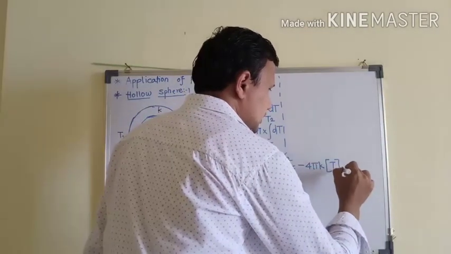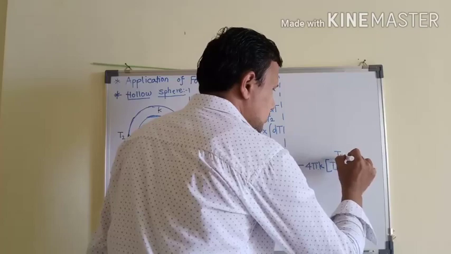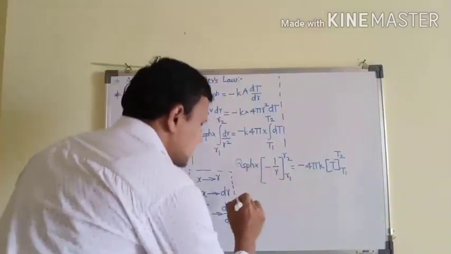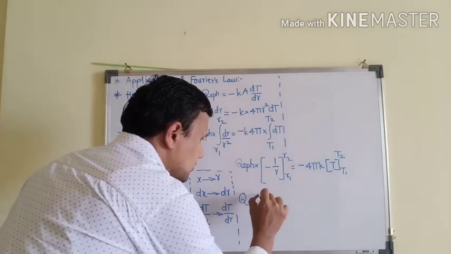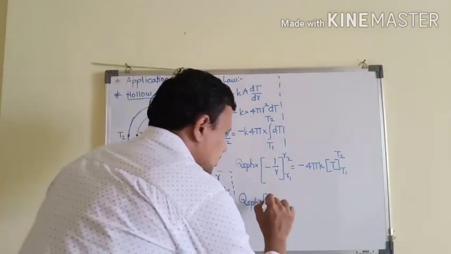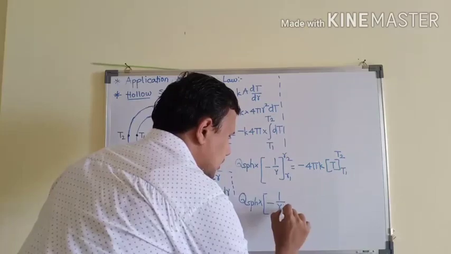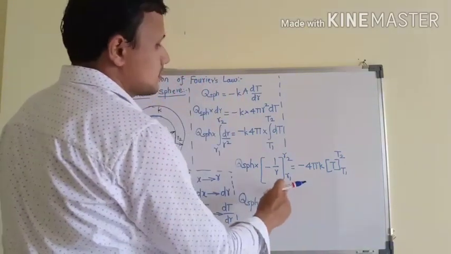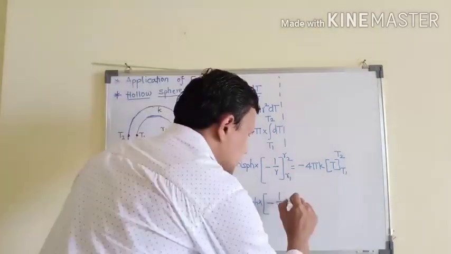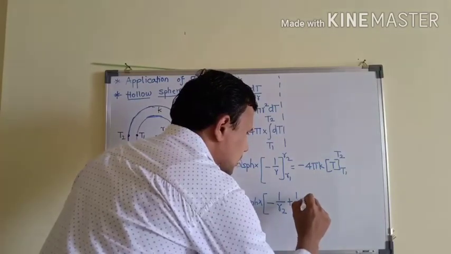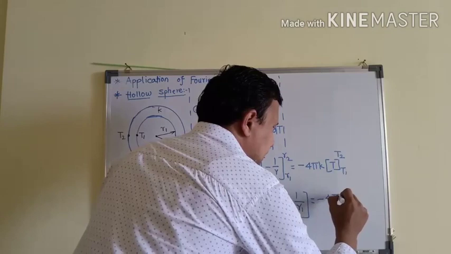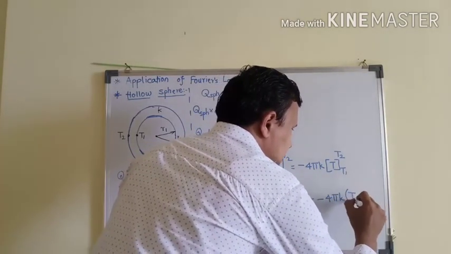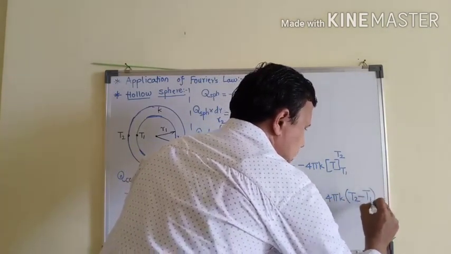Integration of dT is only T, so that gives us T1 to T2. Now we substitute the limits of integration, so that gives us q sphere multiplied by minus 1 upon r2 and minus 1 upon r1, so that becomes plus 1 upon r1. It is equal to minus 4 pi k in bracket T2 minus T1.